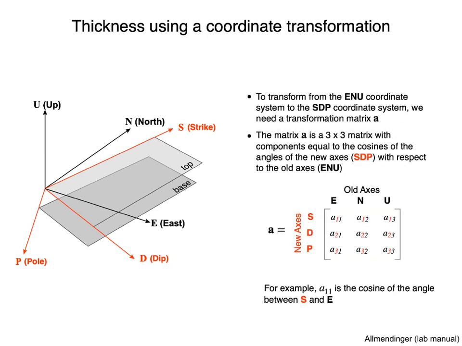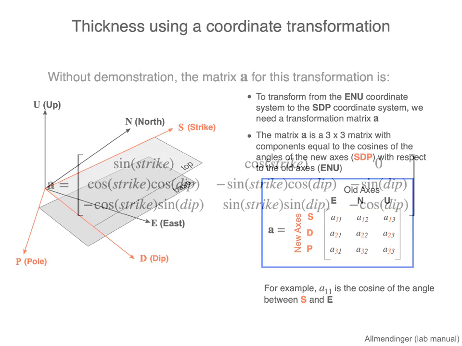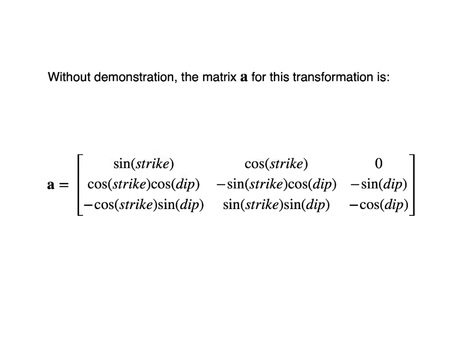To transform from the east, north, up coordinate system, to the strike, dip, pole coordinate system, we need a transformation matrix, A. This matrix is a 3 rows by 3 columns matrix, with components equal to the cosines of the angles of the new axes, S, D, and P, with respect to the old axes, E, N, and U. For example, A11 is the cosine of the angle between the strike axis, S, and the east axis, E. Without demonstration, the matrix, A, for this transformation is given by this equation.